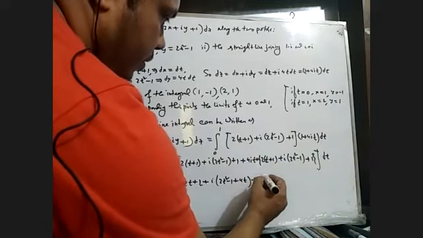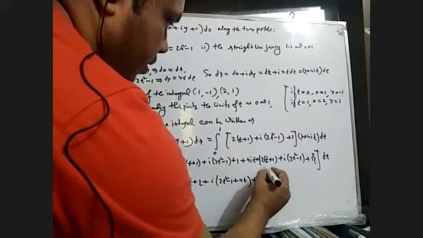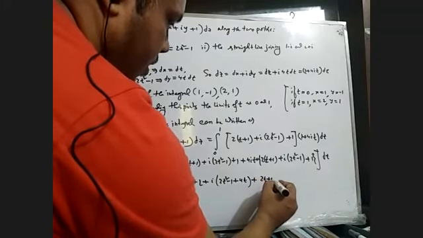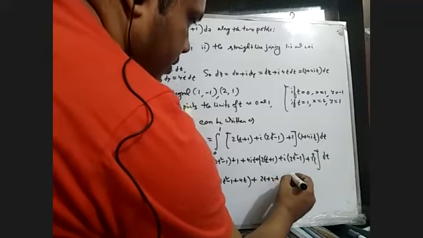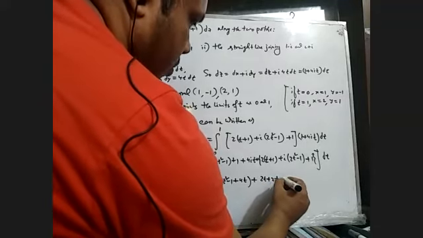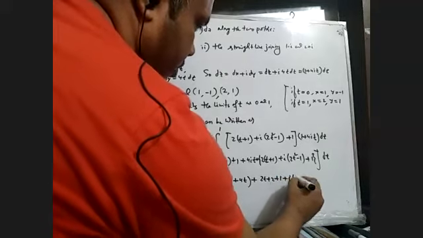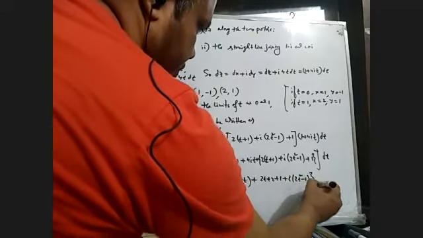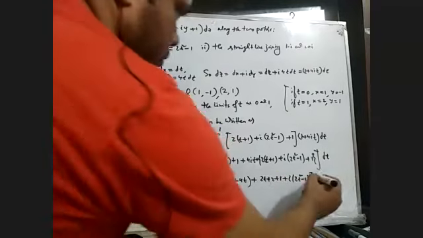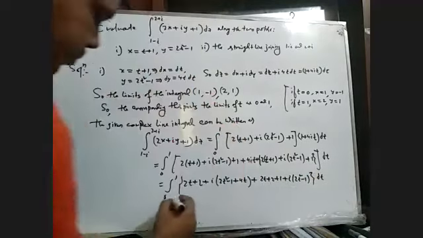Plus, second there will be 2t plus 2 plus 1 plus i(2t square minus 1) dt.